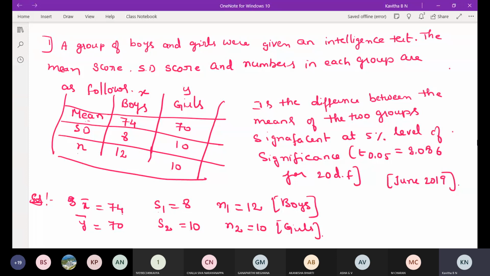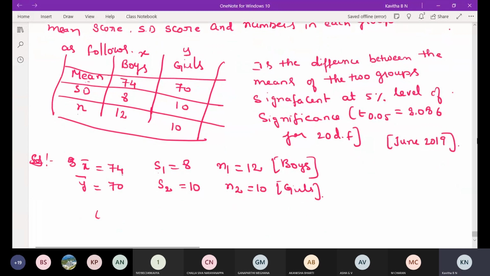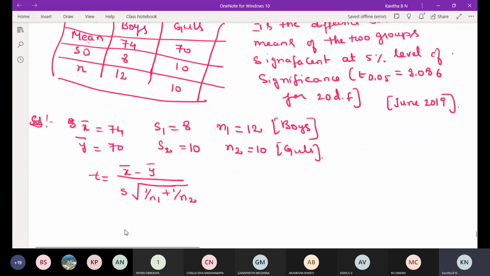Then t is equal to x bar minus y bar whole divided by s into square root of 1 over n1 plus 1 over n2. Observe here, we don't know the s. We need to find the s value here.